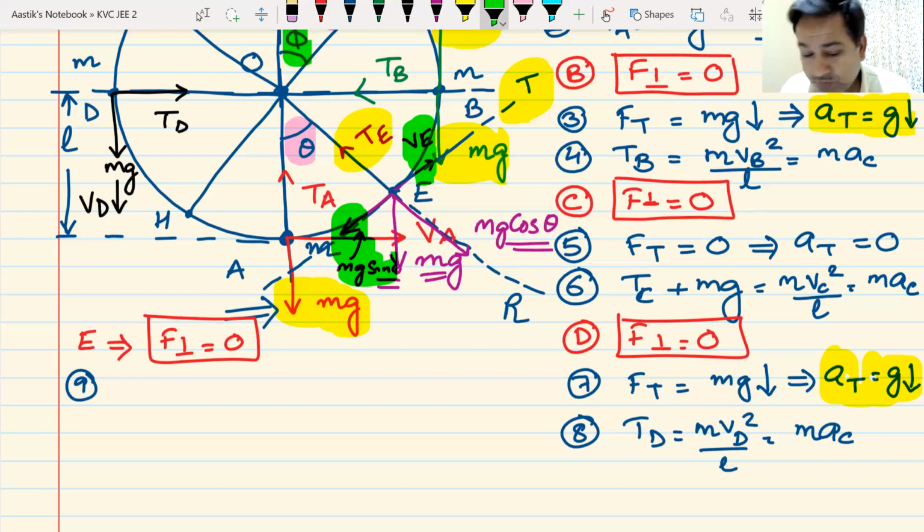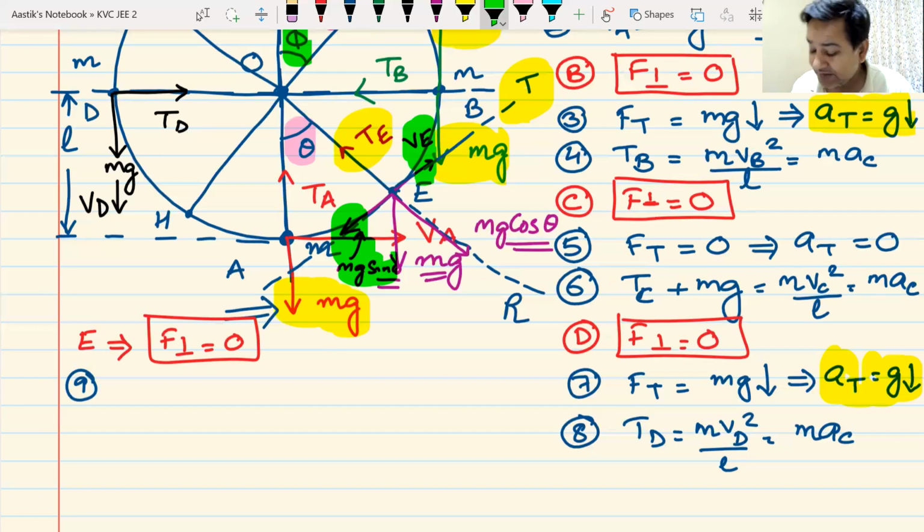Yes, sir. Do you see that in the green that I've highlighted? Velocity is like this. mg sin theta is like this. So what will this mg sin theta do with the velocity of the particle?